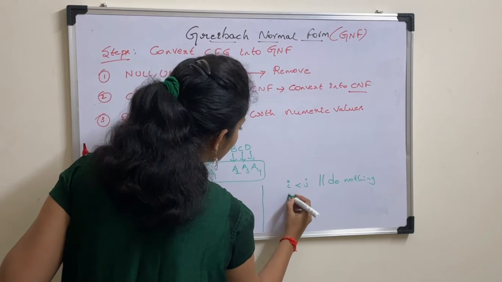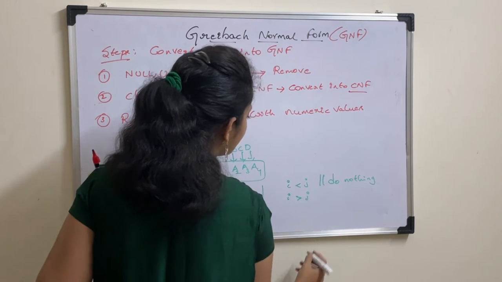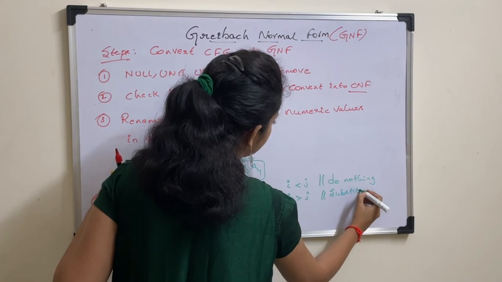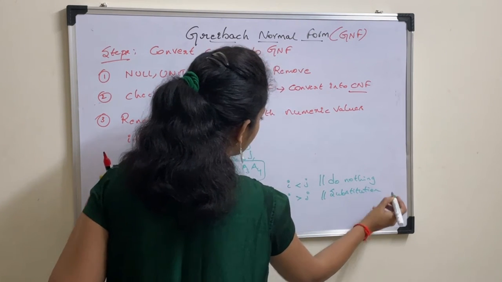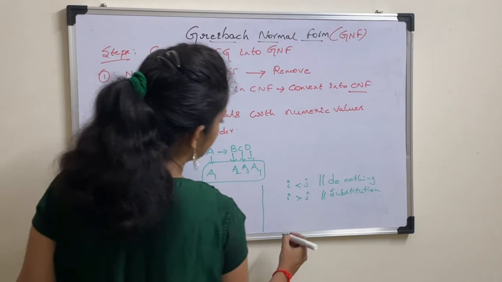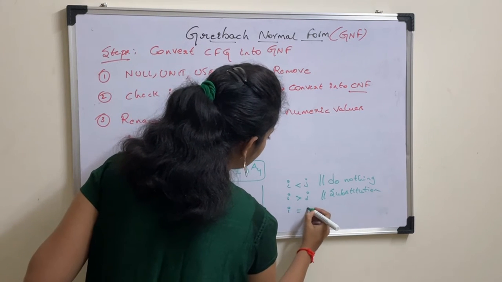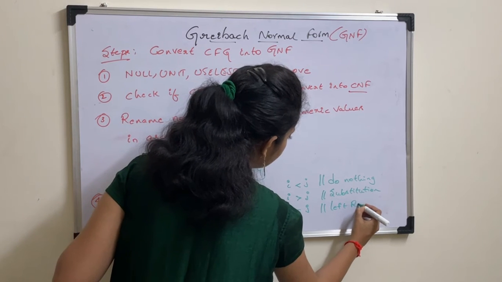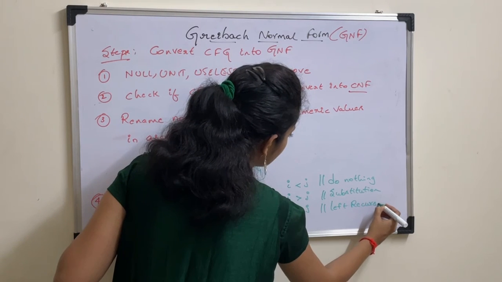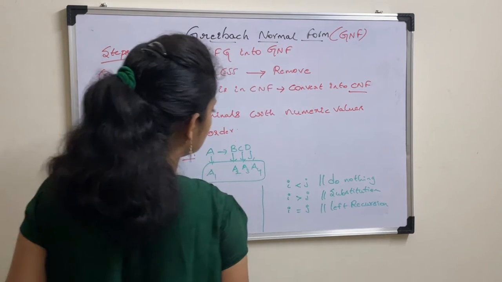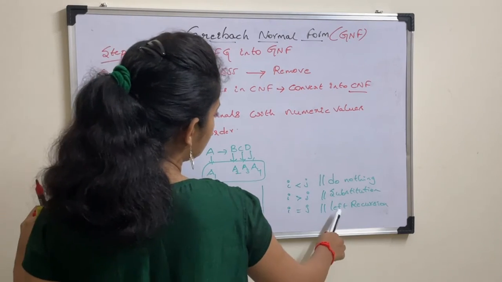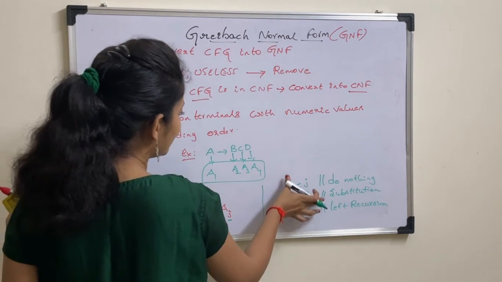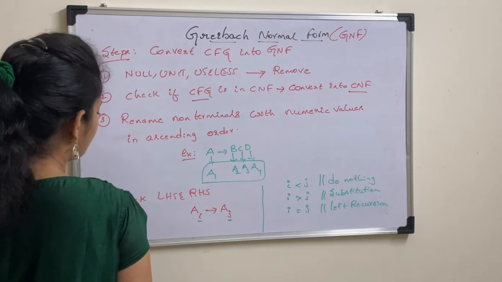If i is greater than j, then perform the substitution operation. If i is equal to j, then we call that condition left recursion. We already saw how to solve left recursion problems. These are the three conditions you must remember.